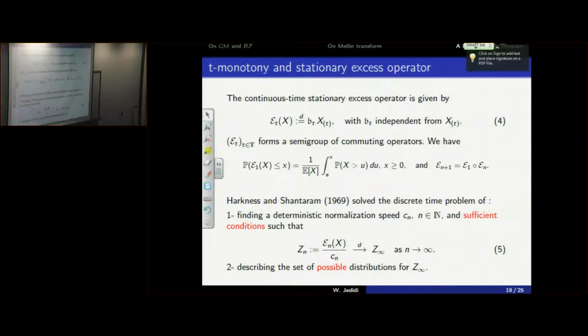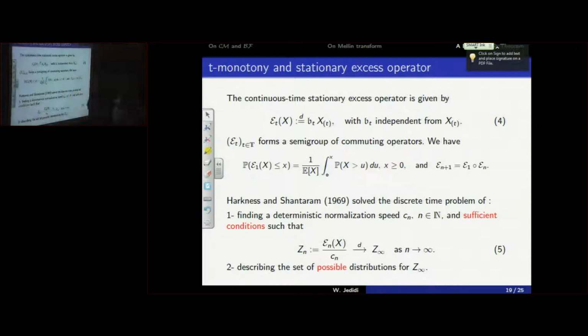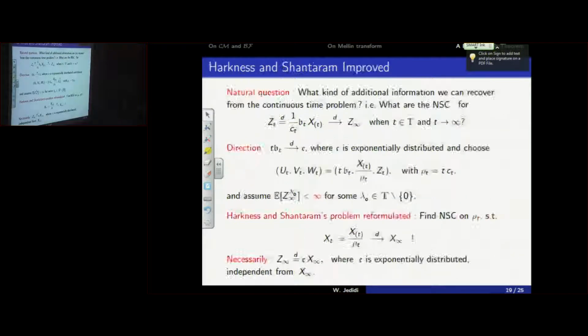Then what we present here is in the same spirit as this kind of theorem. We don't take partial sums. We make successive operations on the initial distribution, and we look for a normalization in order to make it converge in distribution. Then, how can we solve this?